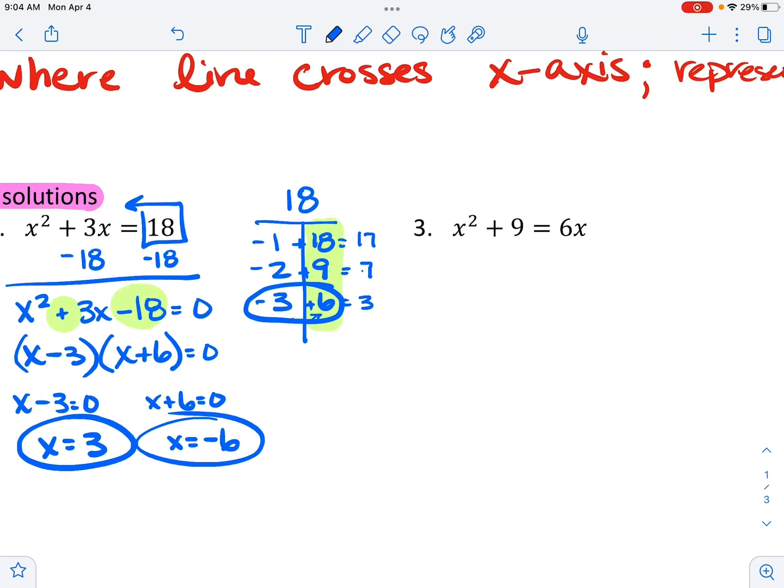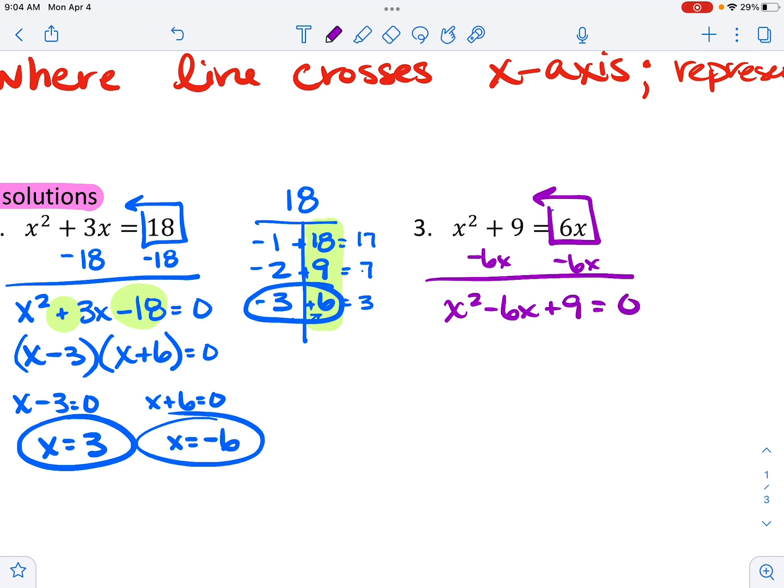And the last one, again, you move your variable term to the left by doing the opposite operation. You factor your last number.